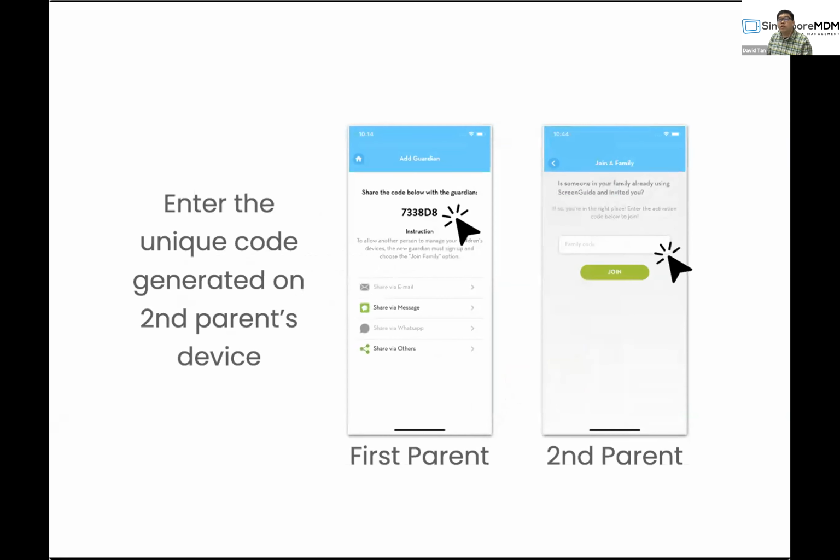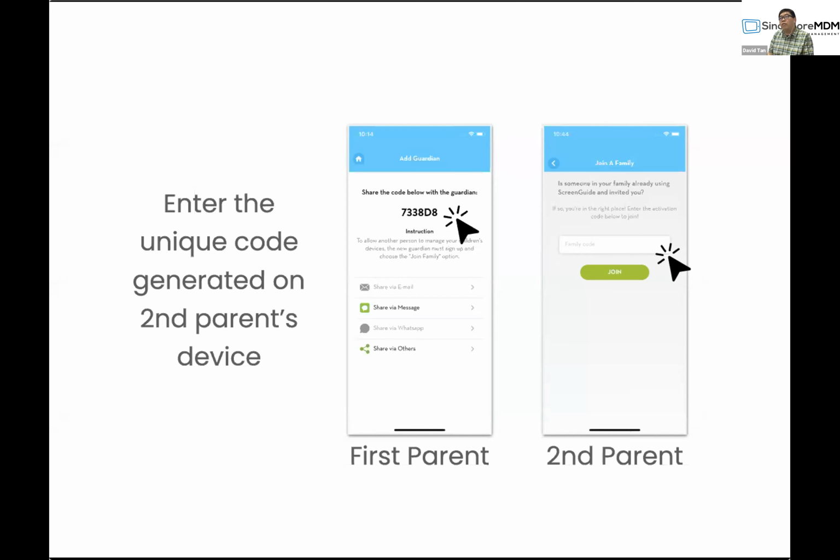And a unique code will be generated on the first parent's device. So on the first parent, when you say I want to add a guardian, in my screenshot, the unique code is 7338D8. On your device, it will be a different code.